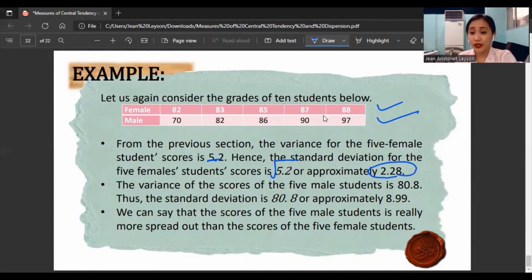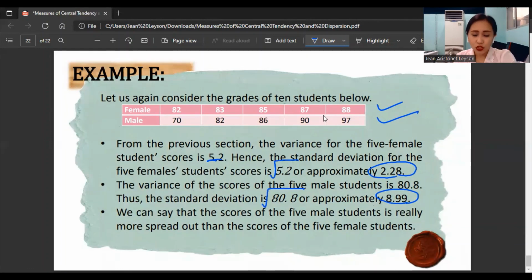You can check that in your calculators. The variance of the scores of the 5 male students is 80.8, which we solved earlier. Thus, the standard deviation is the square root of 80.8, which is approximately 8.99. Again, you can double check that.